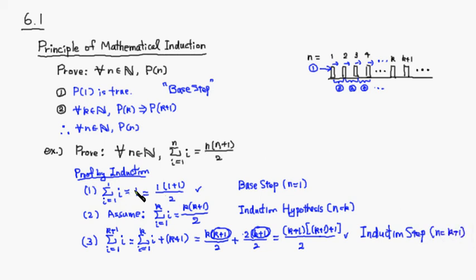Since we checked the base step, the induction hypothesis and the induction step, these three steps allow us to conclude that for all natural numbers n, the formula is valid: the summation of i from 1 to n of i is equal to n times quantity n plus 1, all over 2.